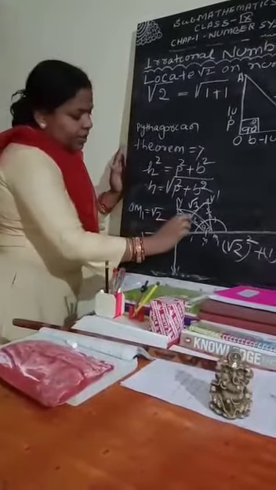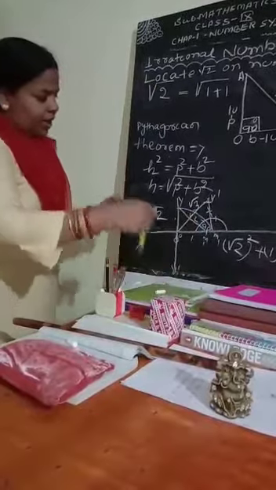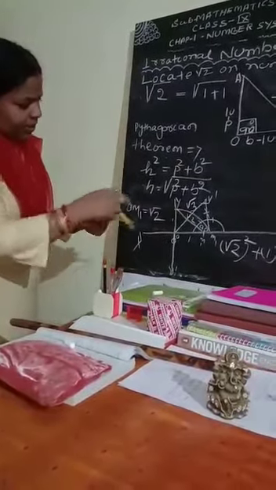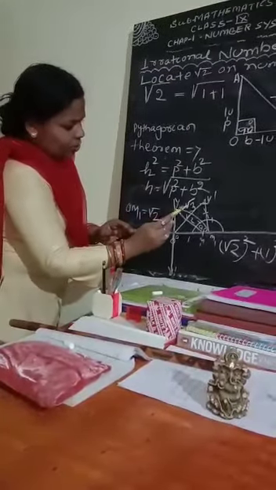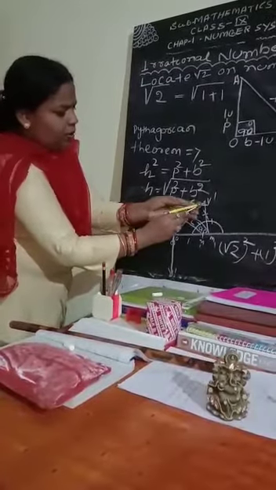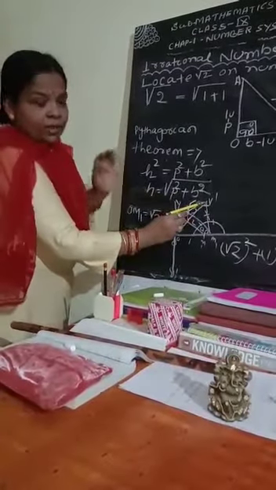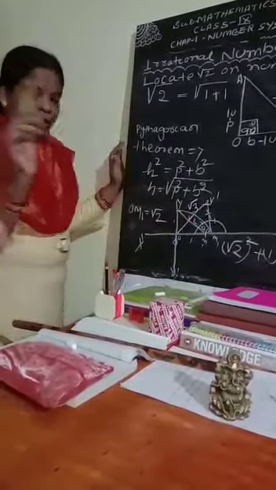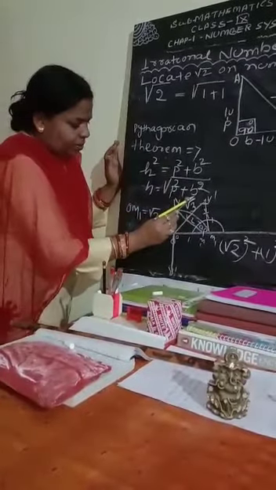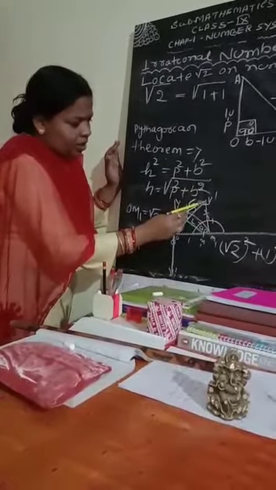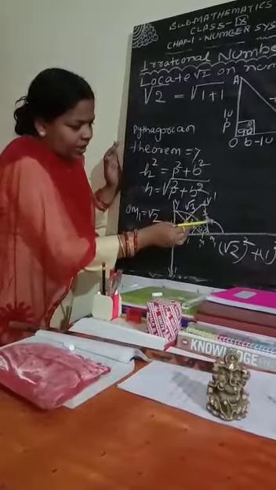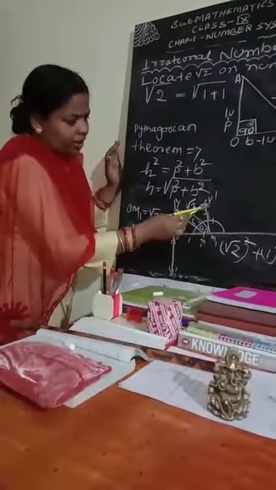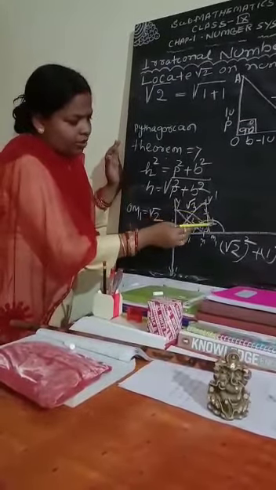Take the same distance. In this way you can draw. Take the same distance O to Y1. Are you clear? This measurement you will take, the measurement of the hypotenuse, and draw the arc in the same way. What you see?